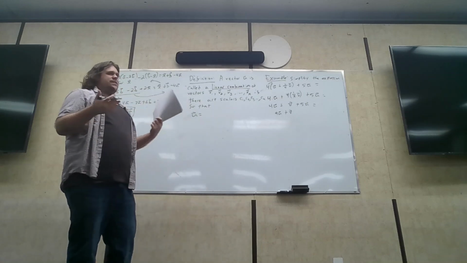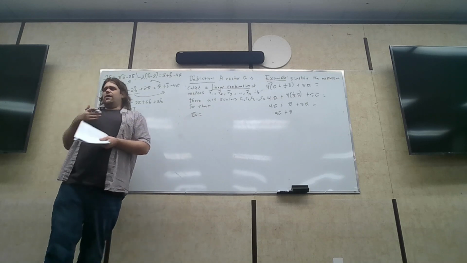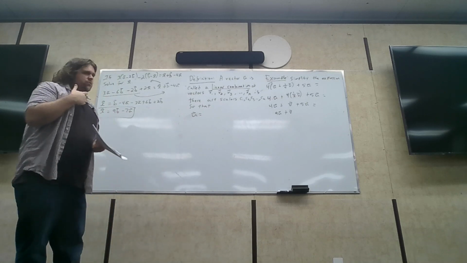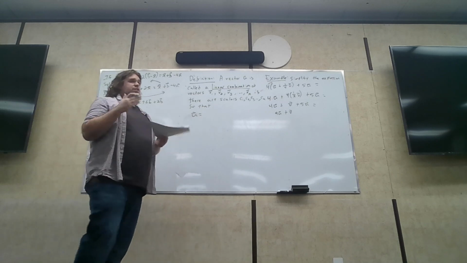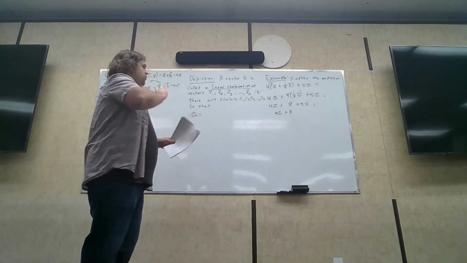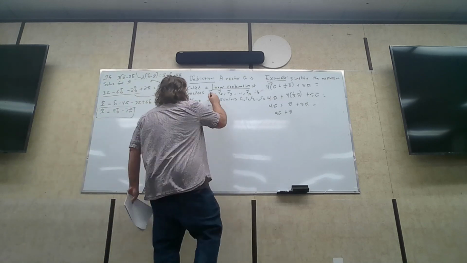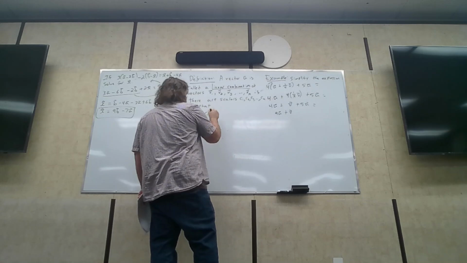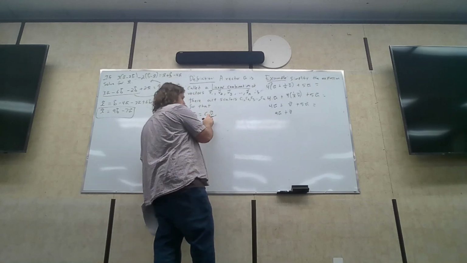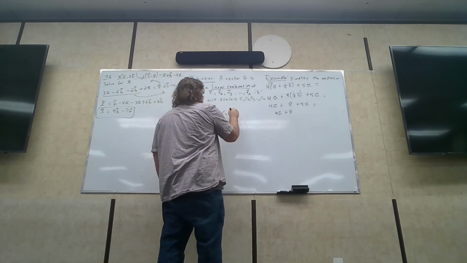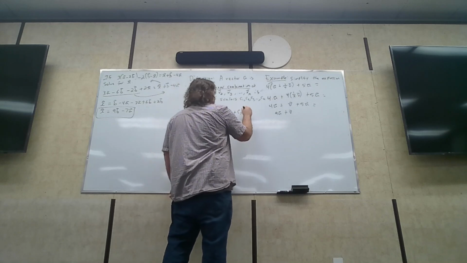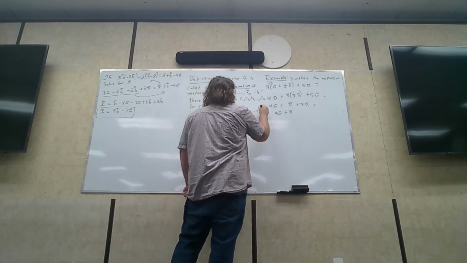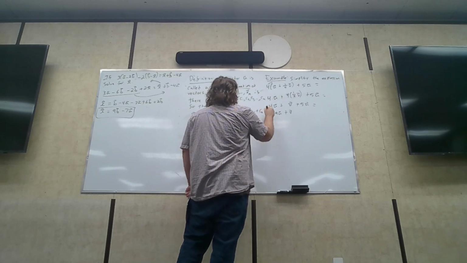So linear means we don't have anything like sine or squaring something or anything like that. It's just number times variable or number times vector. So c1 v1, c1 is a number, v1 is a vector, plus c2 v2, plus c3 v3, up to ck vk.